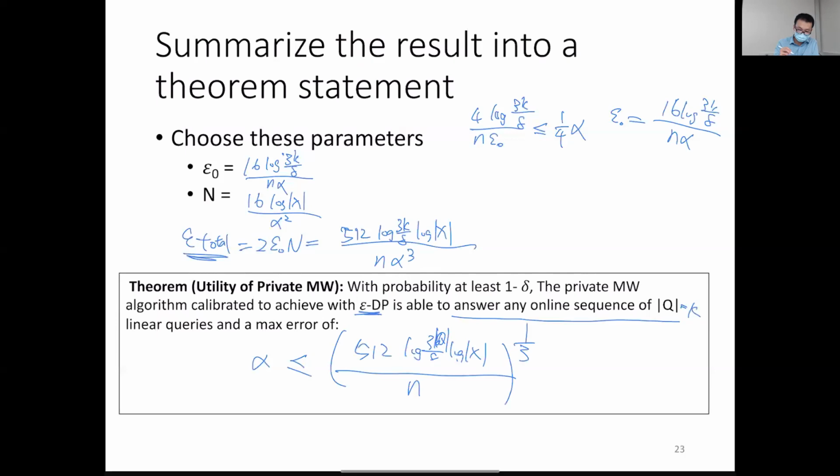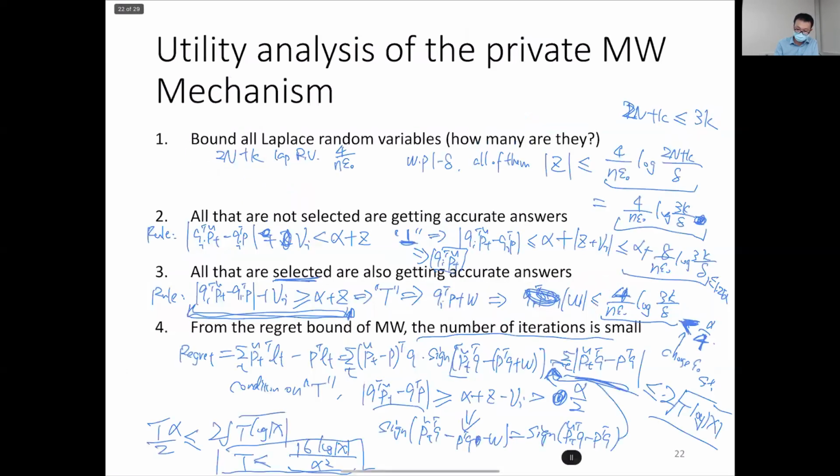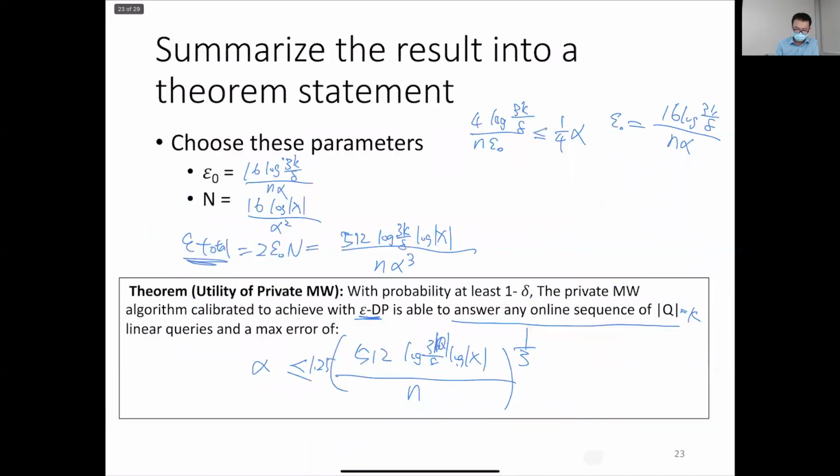And I think we need an additional 1.25 in front because here we actually have 1.25 alpha, right?